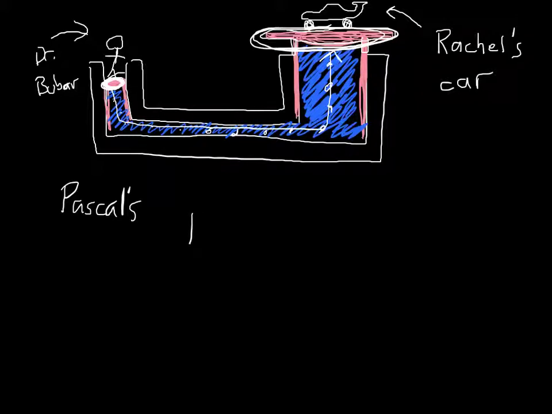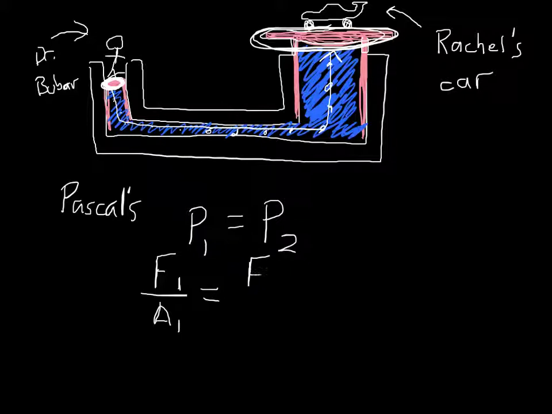So the pressure on my first plate has to be transferred through the fluid and into the pressure on my second plate. Now the really nice thing about this is pressure is force divided by area. So pressure 1 is force 1 divided by area 1. And that's got to be equal to force 2 divided by area 2.